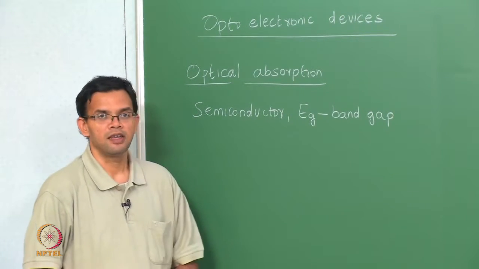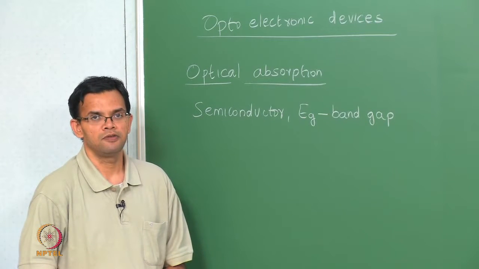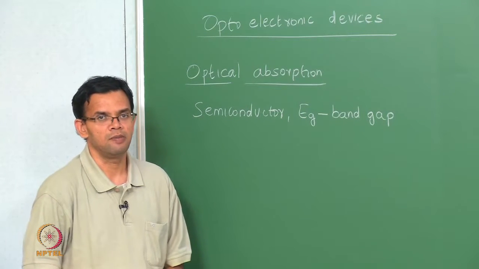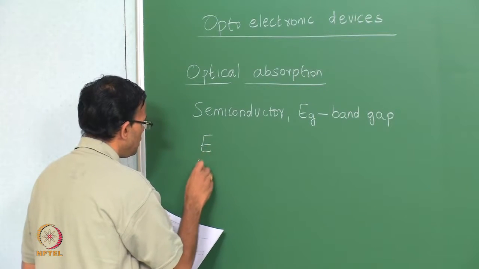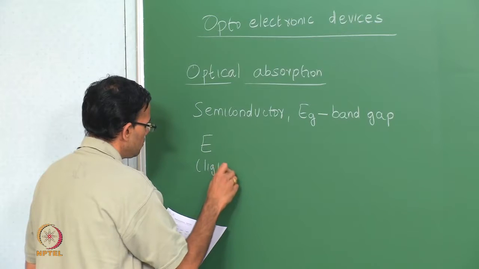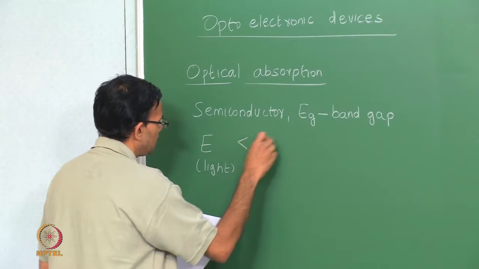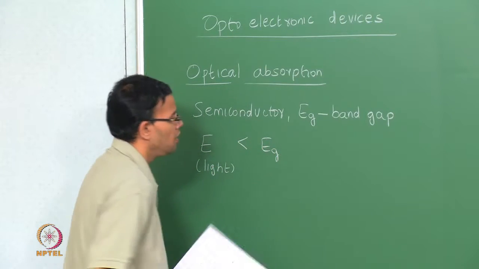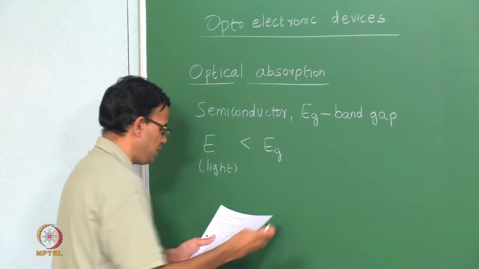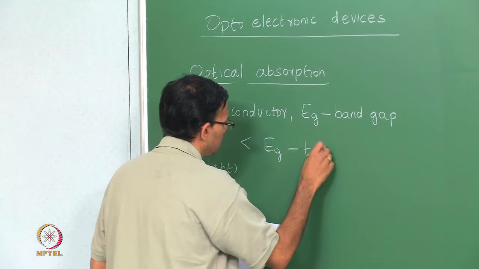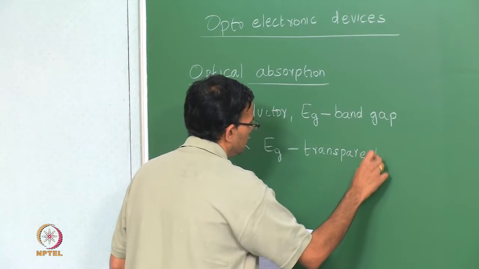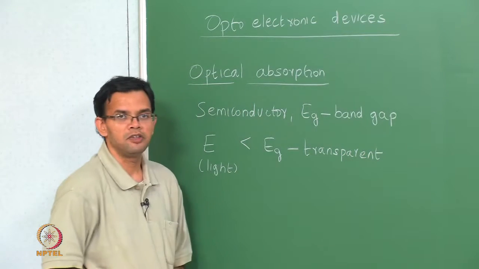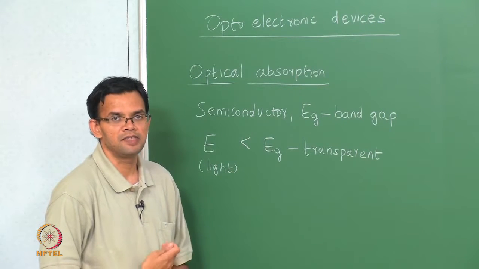In this particular case, if you have light of certain energy incident on the semiconductor, if E, which is the energy of the light, is less than Eg, then the semiconductor is said to be transparent. Of course, whenever you have interfaces, you always have scattering.